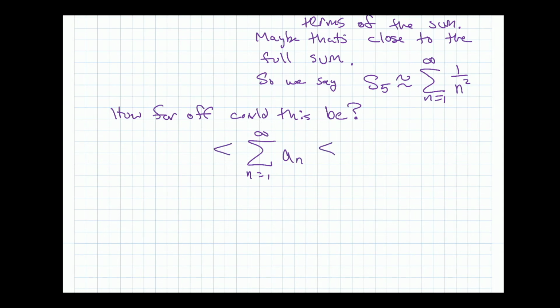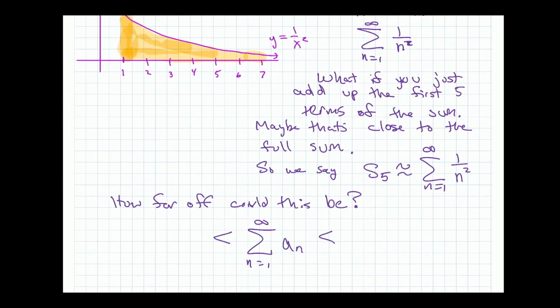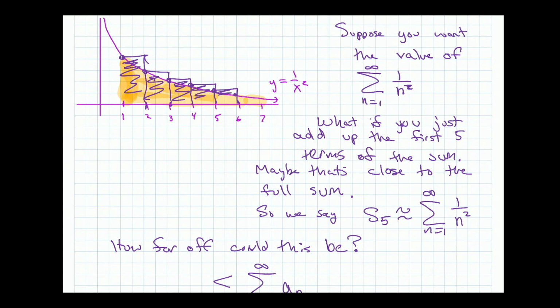So the full sum is going to be stuck, like if we add up these terms, actually those are the wrong ones. Let me draw them. So we're adding up the first 5, right? Is that what we decided? Yeah. Okay, so we're just adding up these first 5, and that's what we're going to use for our sum.